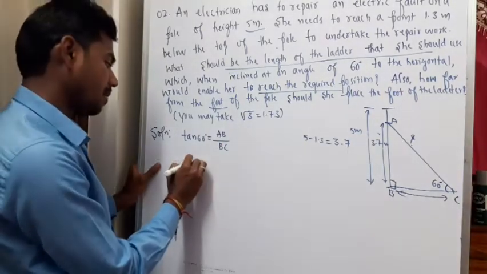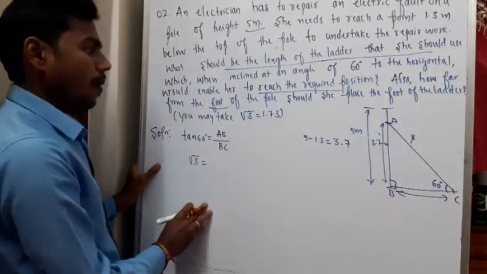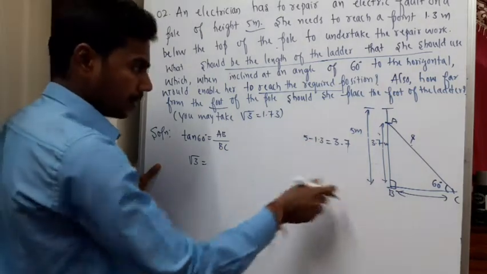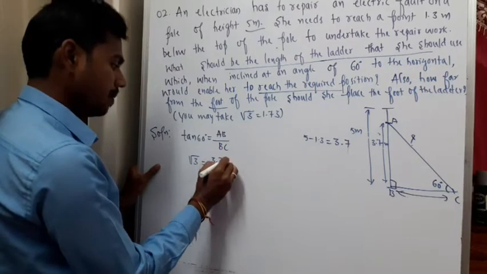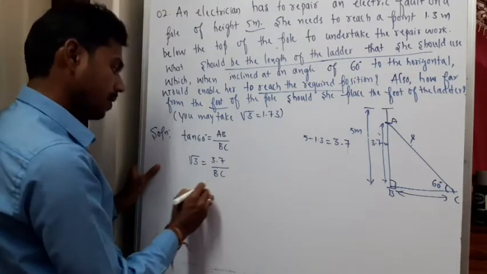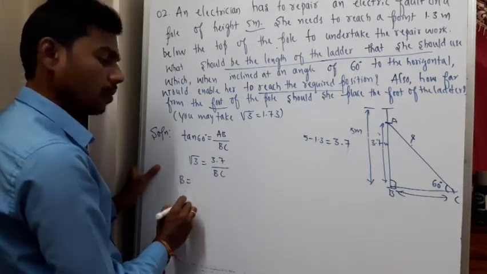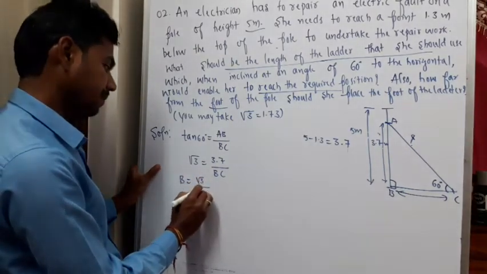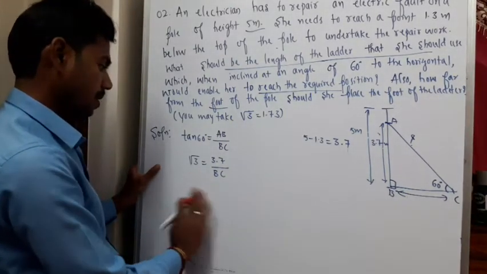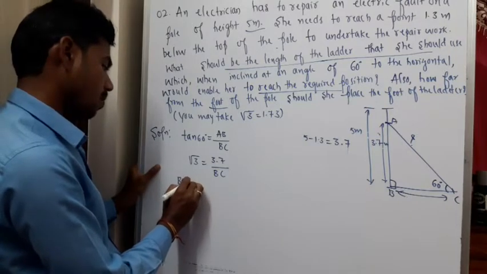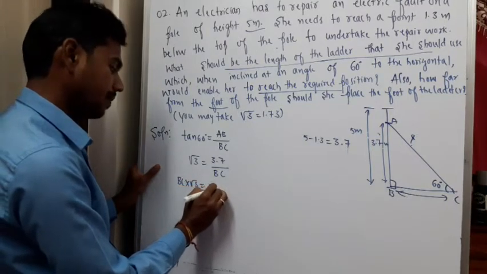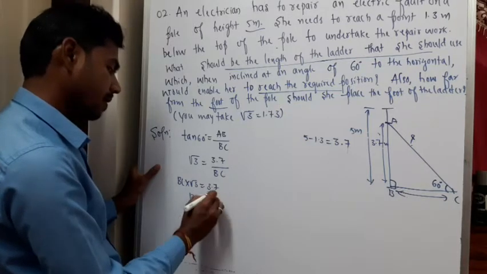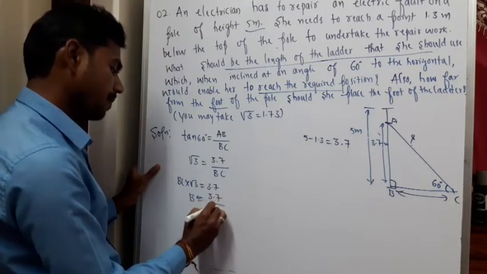Tan 60 is nothing but root 3. What is AB? 3.7. What is BC? That I need to calculate. So BC into root 3 is equal to 3.7. Now BC is equal to 3.7 divided by root 3.